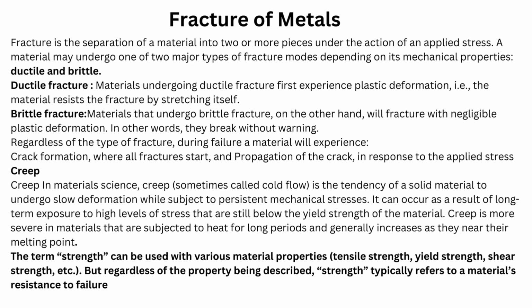The stress can cause ductile fracture or brittle fracture. In ductile fracture, materials first experience plastic deformation, and the material resists the fracture by stretching itself. Brittle fracture materials don't give a warning, they break without warning. Materials that undergo brittle fracture will fracture with negligible plastic deformation.